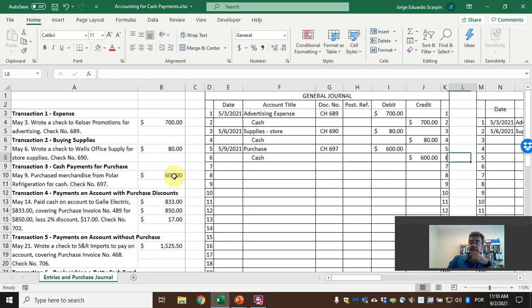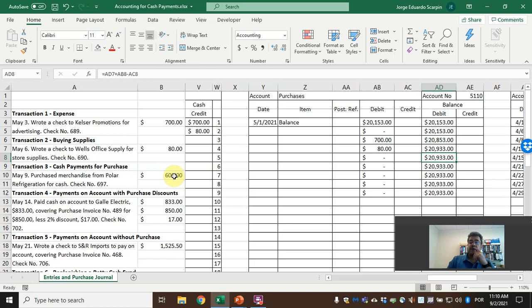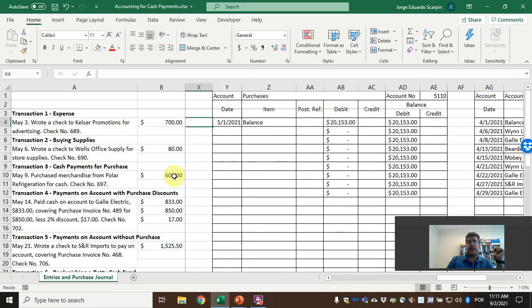And then we have the general ledger here for purchases. Let's assume that our beginning balance on May 1st is $20,000, and then May 9th. Who is our supplier?